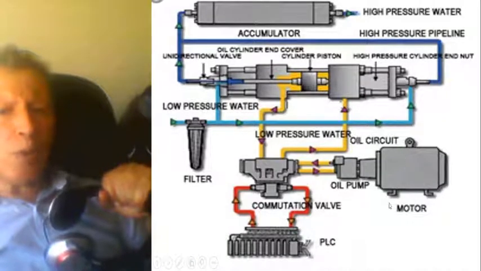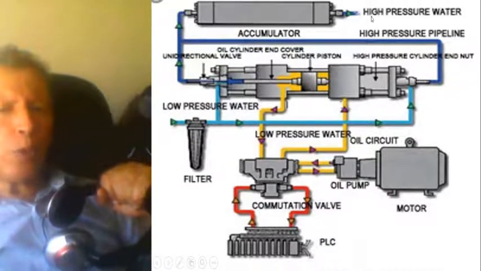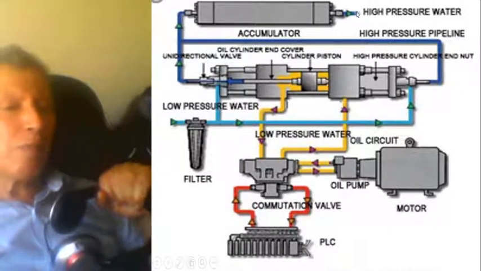As you can see here, there is a motor, and there is an oil circuit plus water circuit. So it's the oil which helps produce the pressure for the water to achieve that high pressure.